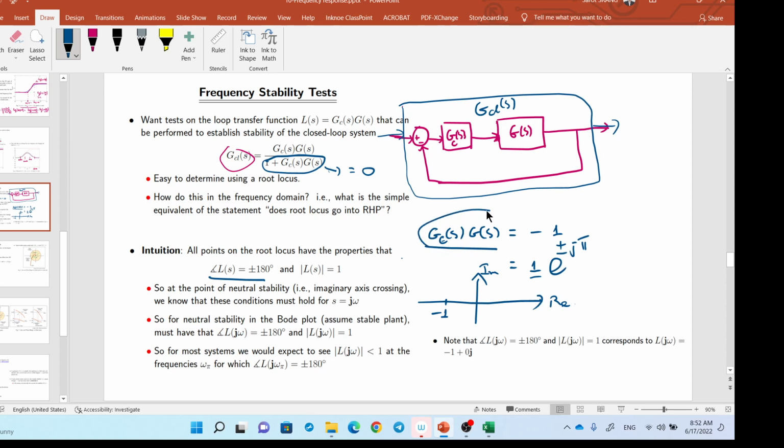And if these products appear at -1 here, it's called neutral stability. No, sorry. In this case, we can vary omega. Sorry, this is a mistake.